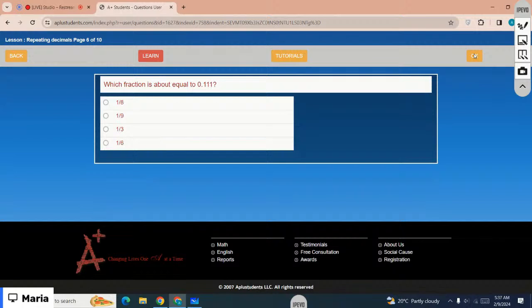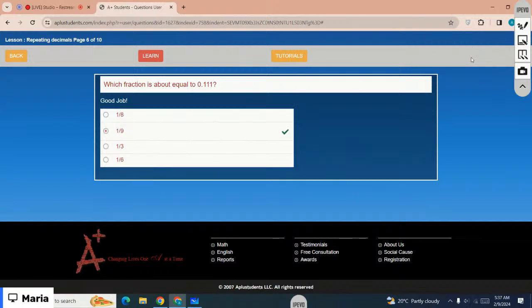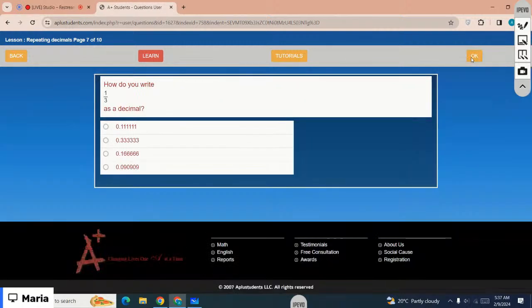The correct option is 1 over 9. 0.111 is close to 1 over 9. Got it? Not 1 by 3.